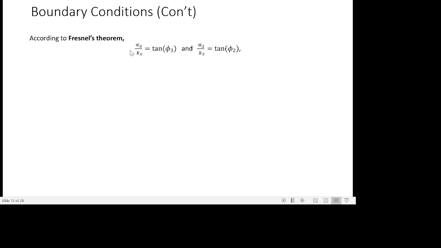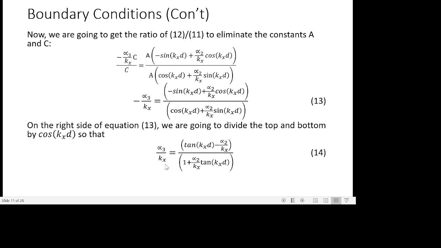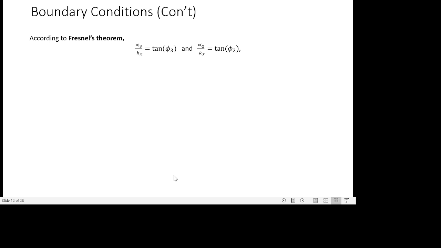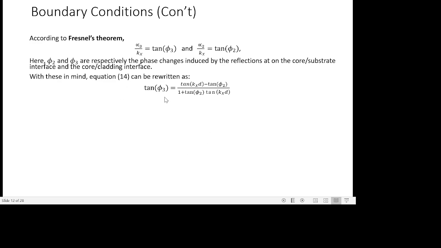So for the upper boundary, we have this one, and this one. I should say the arctangent, I made a mistake in the previous equation. So we have this expression, and we substitute this into equation 14. We will get this one.